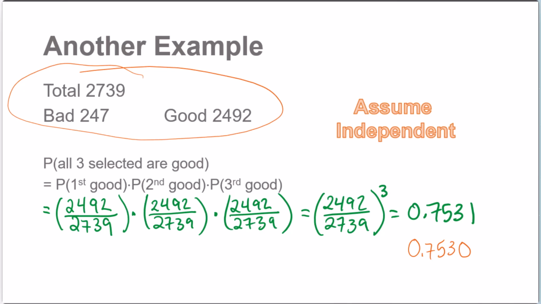Now, if I come back to the seafood example, note that there is a fairly significant portion of bad seafood here. The 247 out of 2739 is about 10%. And there's a pretty good chance, about 75% chance, that this shipment would be accepted. So a question that we should be asking is sort of, is this testing method sufficient, right?